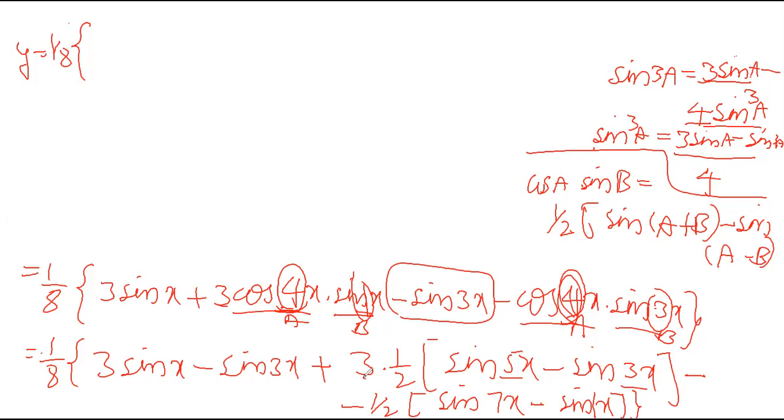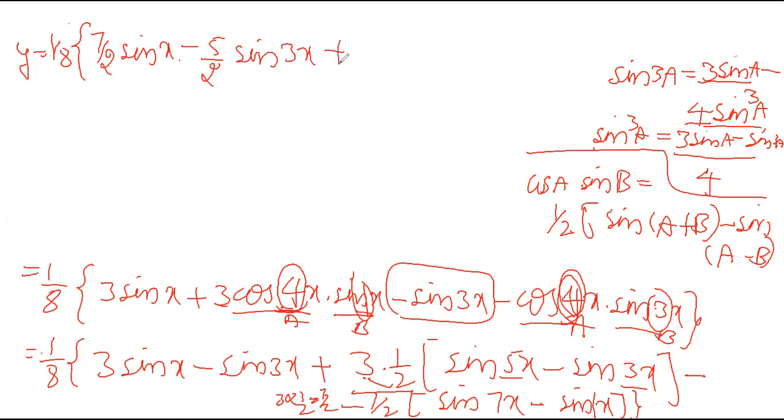See here, 3 is there, here 2 is there. 3 into 1 by 2 means 3 to the 6, 6 plus 1 is 7, 7 by 2. I write here directly 7 by 2 sin x minus 5 by 2 sin 3x.